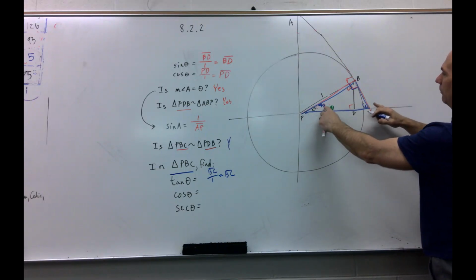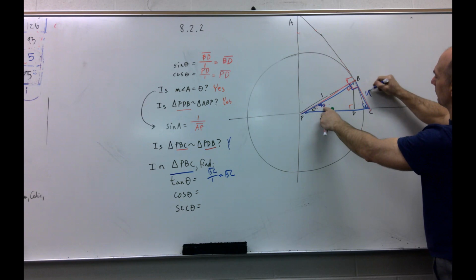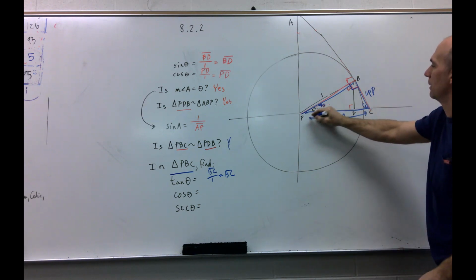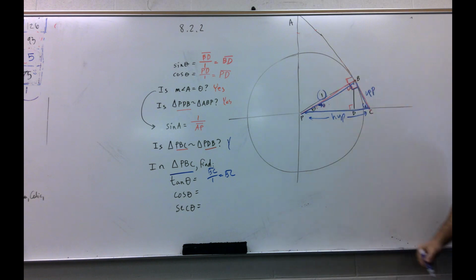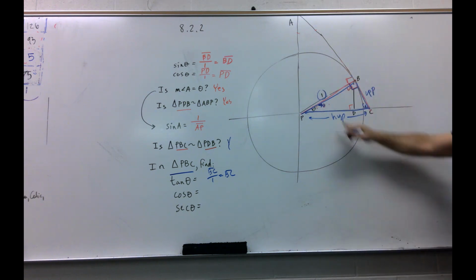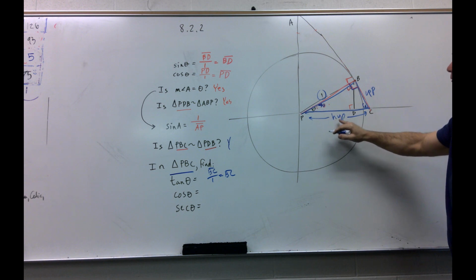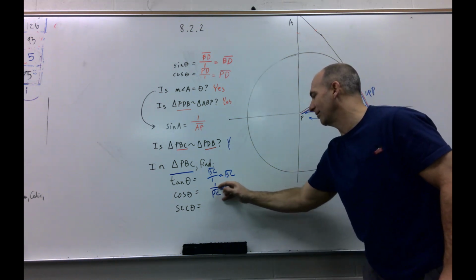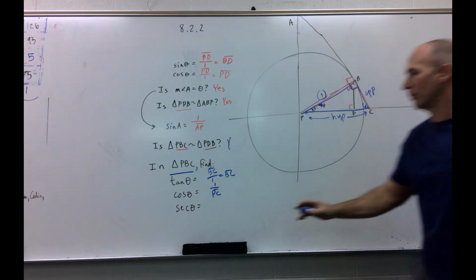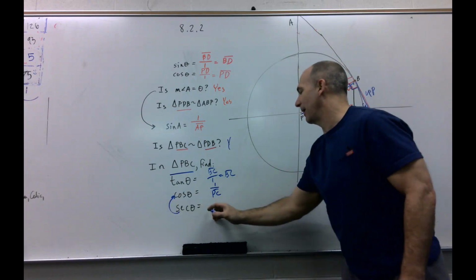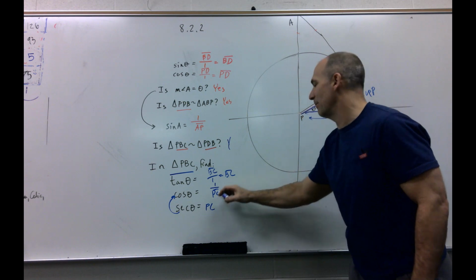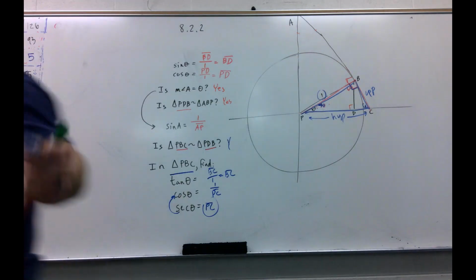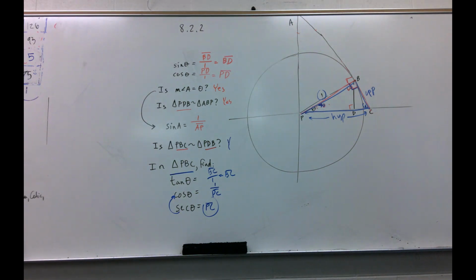See now, this is my opposite. This would be my hypotenuse from there to there. And this would be my adjacent, or 1. So adjacent, 1, over hypotenuse, PC. 1 over PC. Secant. Well, secant is the reciprocal of cosine. So that'd be PC, just flip this, over 1, which is just this. All right, different way of looking at math with a whole bunch of geometry.